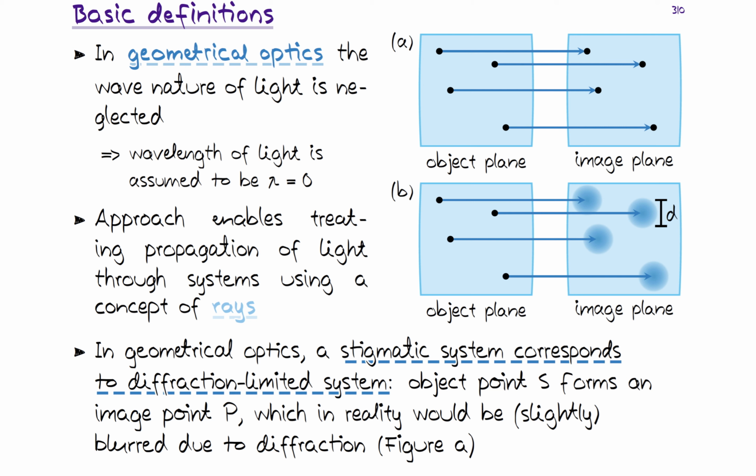But usually we are not dealing with that kind of picture, but rather we are considering this kind of scenario. So this is usually what we think of in the geometrical optics picture when we are speaking of stigmatic systems. So we neglect the diffraction in a way that we just draw a point-like image here, although we know that in the real case there would be some kind of diffraction blurring our images.